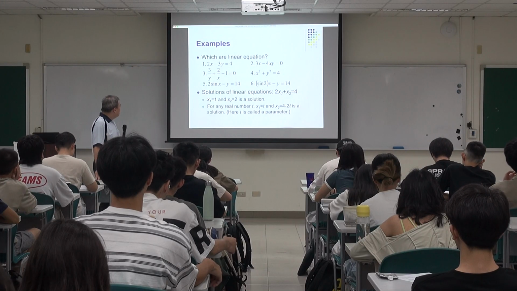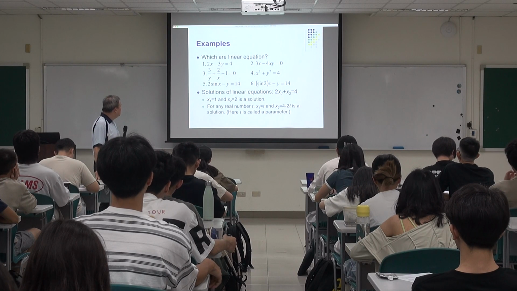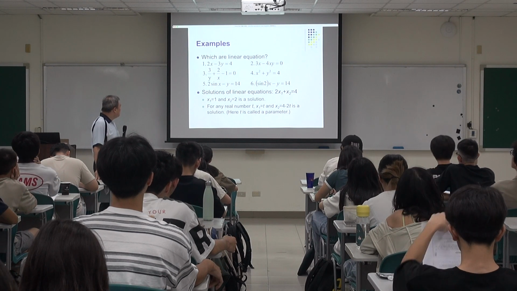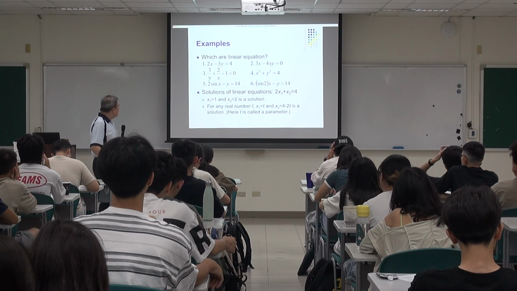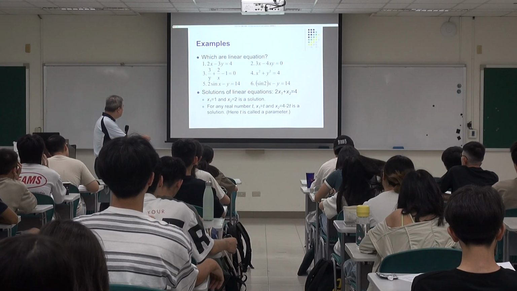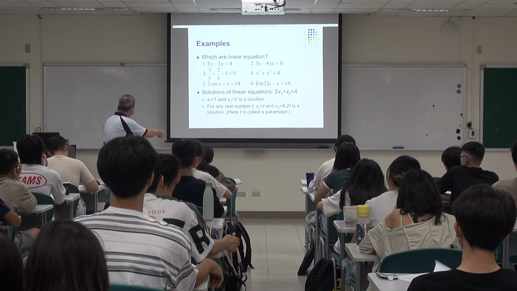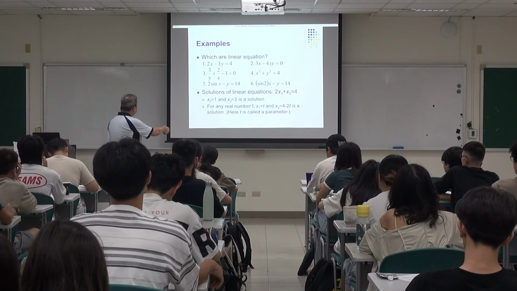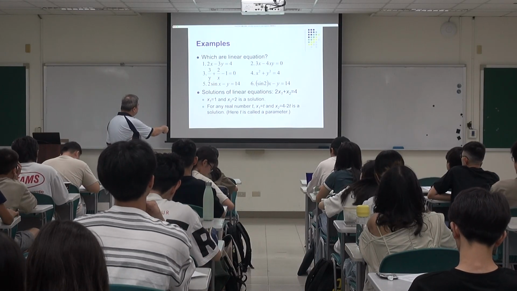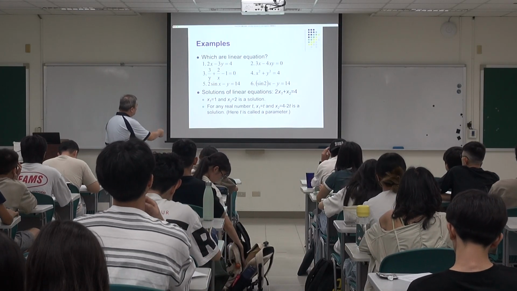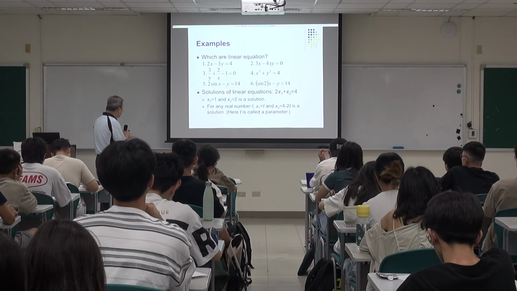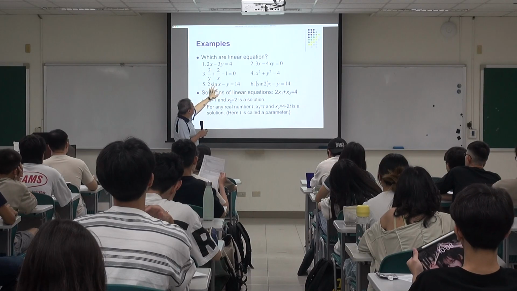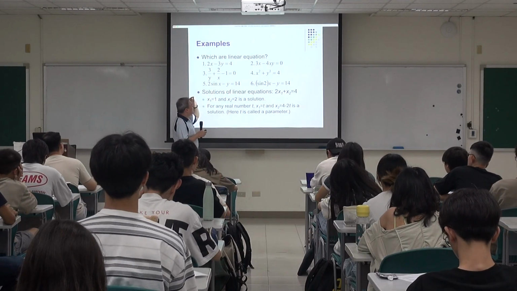How about the fifth one? 2 sine x minus y equals 14. Here, x is used inside the sine, and sine x is not considered linear, so this is not a linear equation.